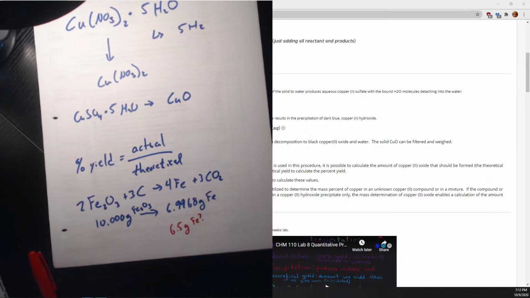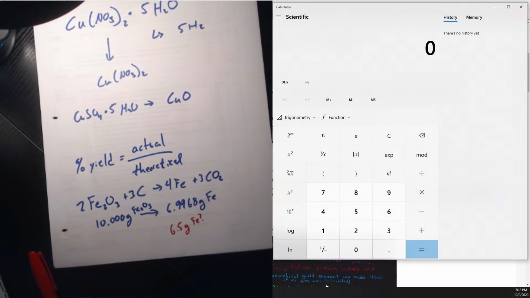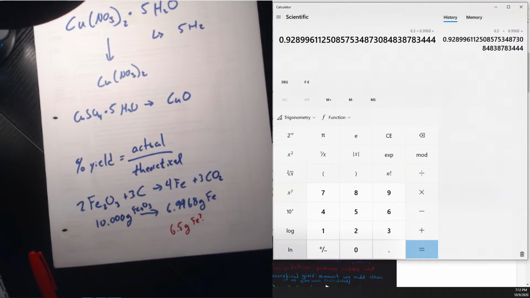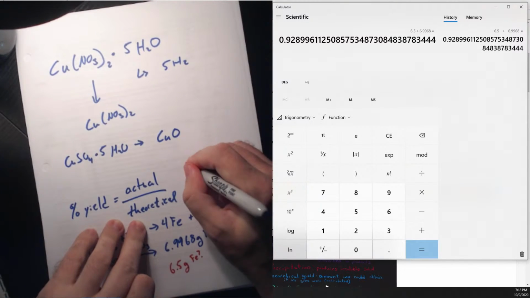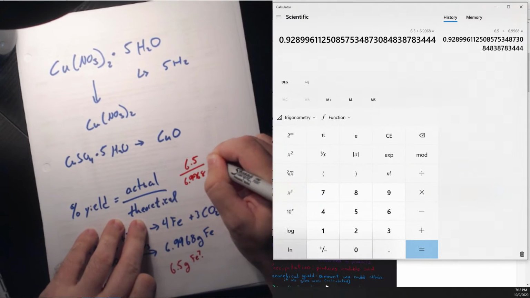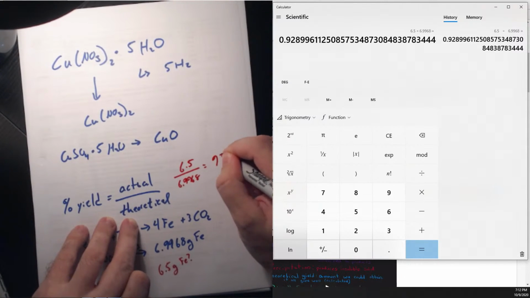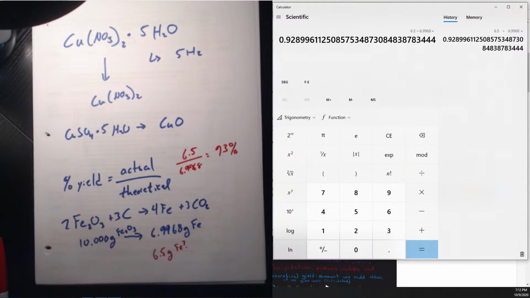Let me bring up my calculator. 6.5 divided by 6.9968 equals about 93% yield. So you only produce 93% of what you expected.